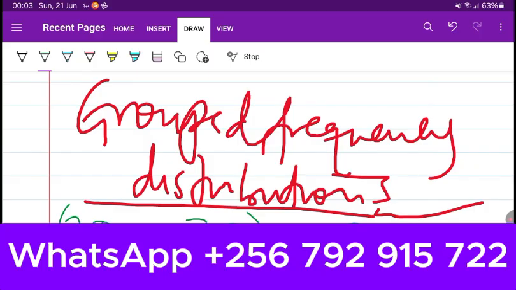Because the people that may be falling in the age of 20 to 30 may be like 10 if you are examining a given number of students.